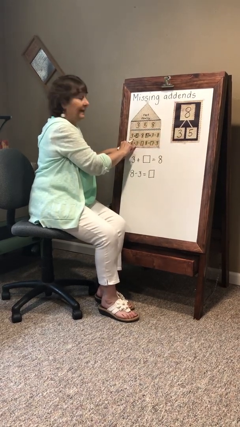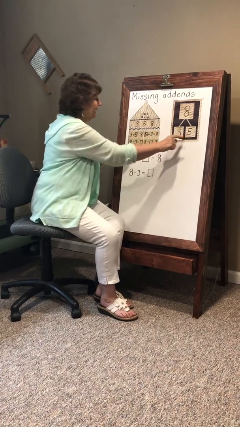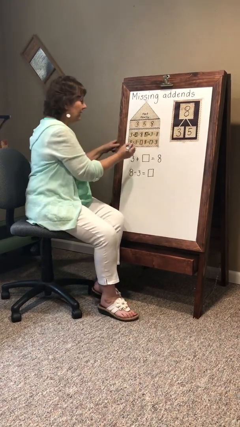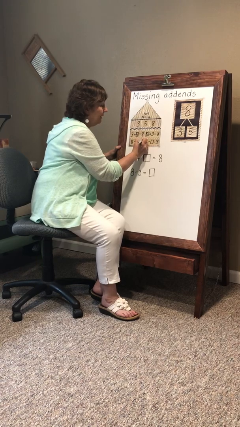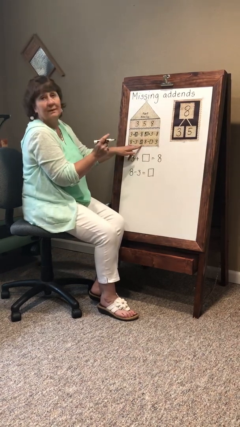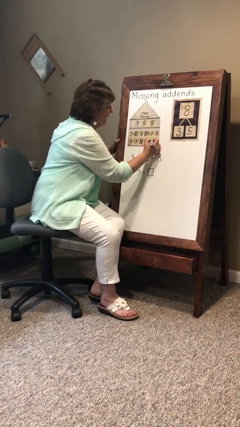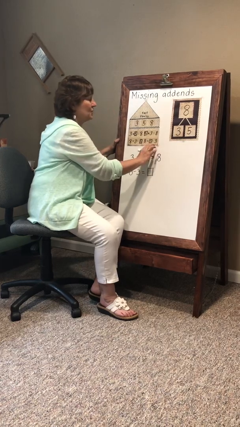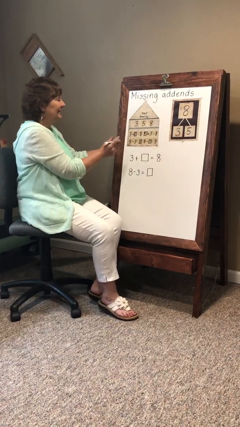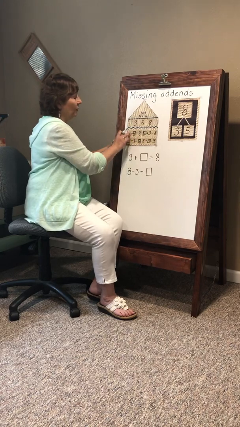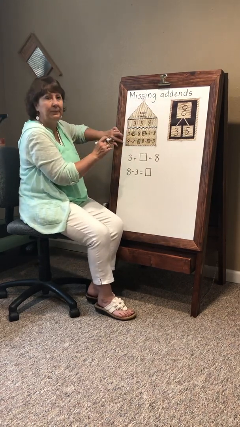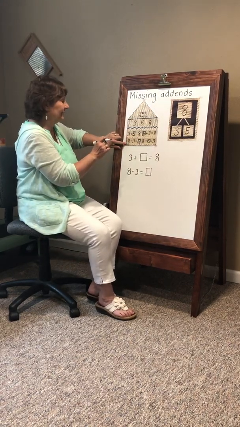I want to get to that 8. If I have the 8 and I take away the 3, then I have a 5. Same with this. Remember, you just switch these 2 places. These are a little bit tricky, but I wanted you to see the relationship between addition and subtraction.